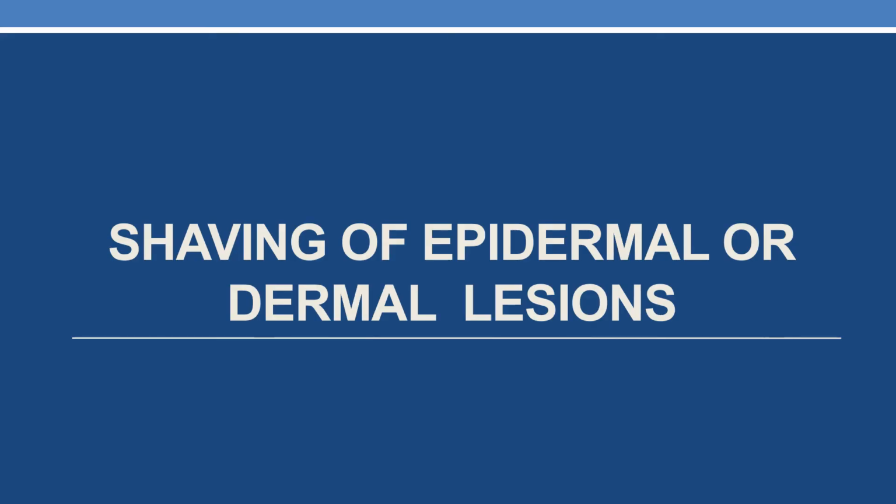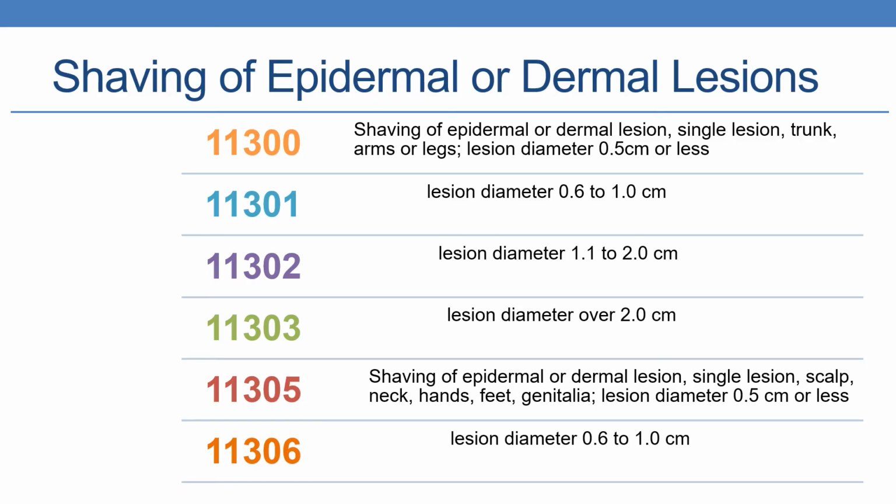Now coming to the next topic, shaving of epidermal or dermal lesions. The CPTs are 11300, shaving of epidermal or dermal lesion, single lesion, trunk, arms or legs, lesion diameter 0.5 centimeters or less. The next is 11301, where the lesion diameter is 0.6 to 1 centimeter. For 11302, the lesion diameter is 1.1 to 2 centimeters. For 11303, the lesion diameter is over 2 centimeters.